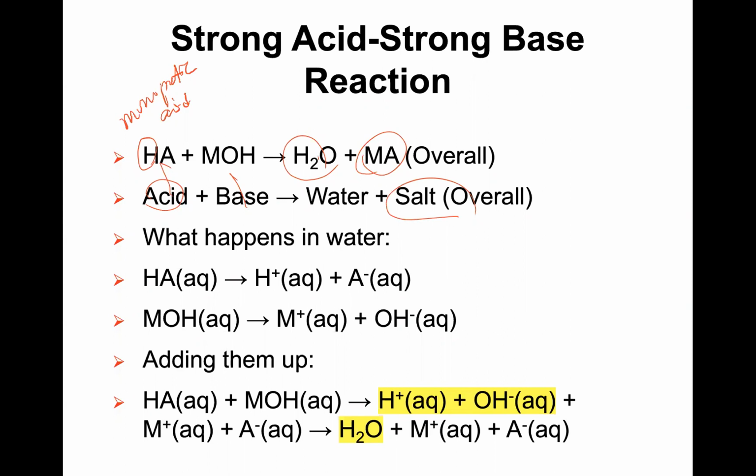Now let's look at what actually happened. If you have a solution of a strong acid, it does not exist as the molecule; you only have protons, or hydrogen ions, plus the conjugate base. And for the base, you have a cation and hydroxide.